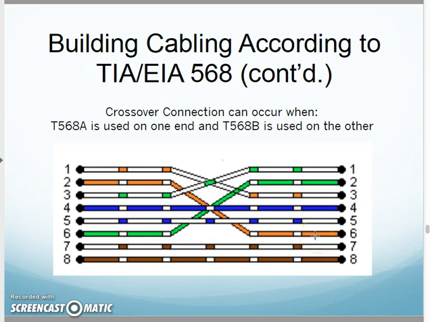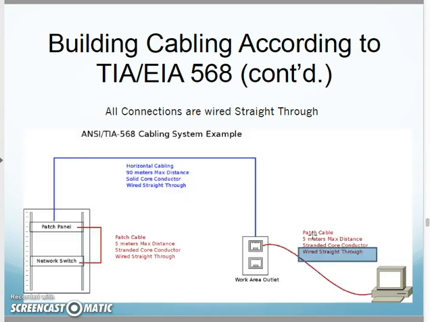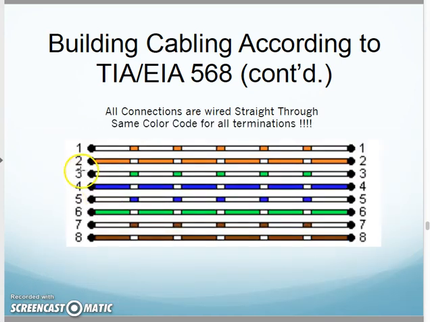Oops, you're creating crossovers. That's easy to do when you mismatch your color codes. We don't want any terminations in our system to be crossover. So make sure terminations are all straight through. Make sure you're following a consistent color code the whole way through.